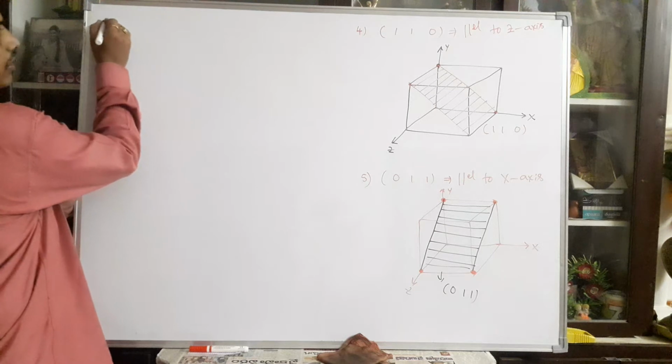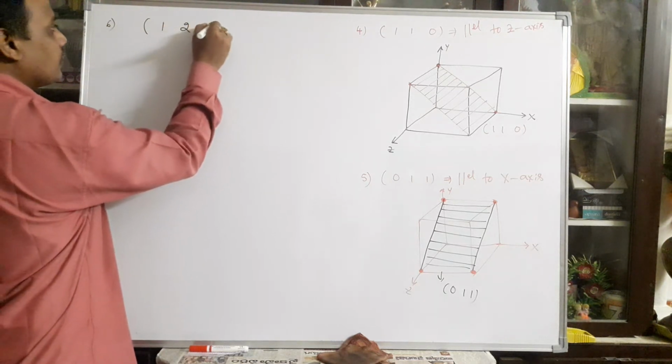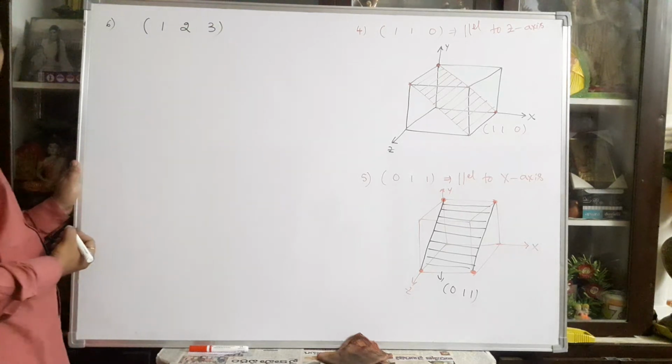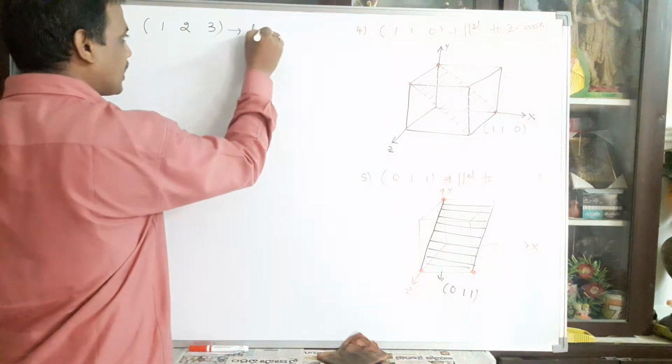Suppose you have one more plane, the 1, 2, 3 plane. This 1, 2, 3 plane is nothing but a lattice plane.